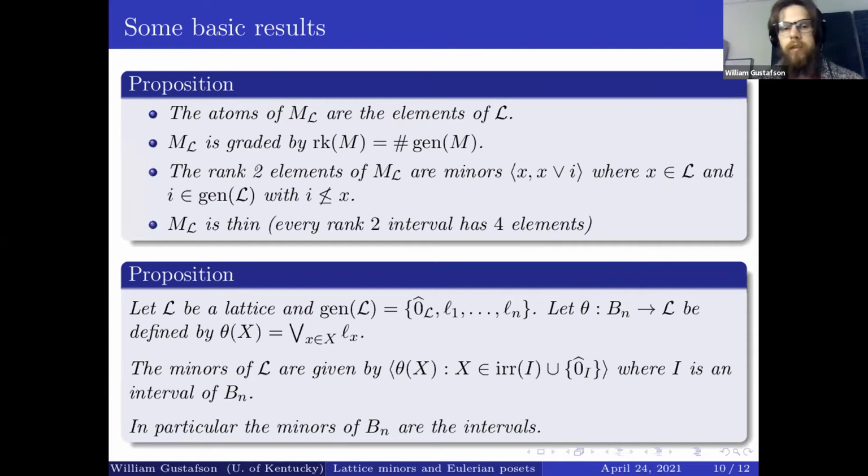The generating set is inherited from the intervals: the generators are the image of the atoms in the interval. And if you look at the Boolean algebra, the minors are exactly the intervals. And so the minor poset of the Boolean algebra will give you the interval poset, which is the face lattice of the cube. So that will come into play with this construction here, which I'll go into now.